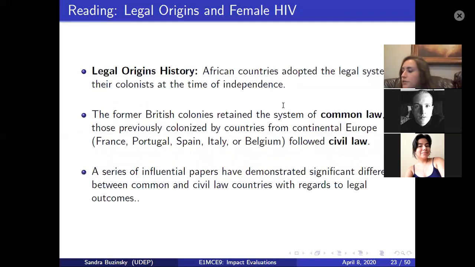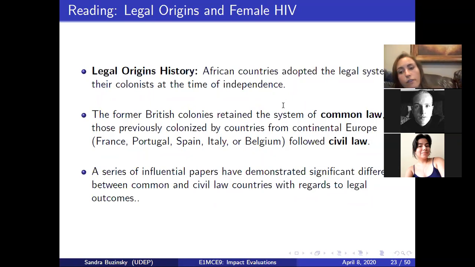So she's going to use some variation in legal origins, which is really interesting. In Africa, obviously, I hope everyone knows, a lot of African countries were colonized. And so these African countries adopted the legal system of their colonizers at the time of independence.